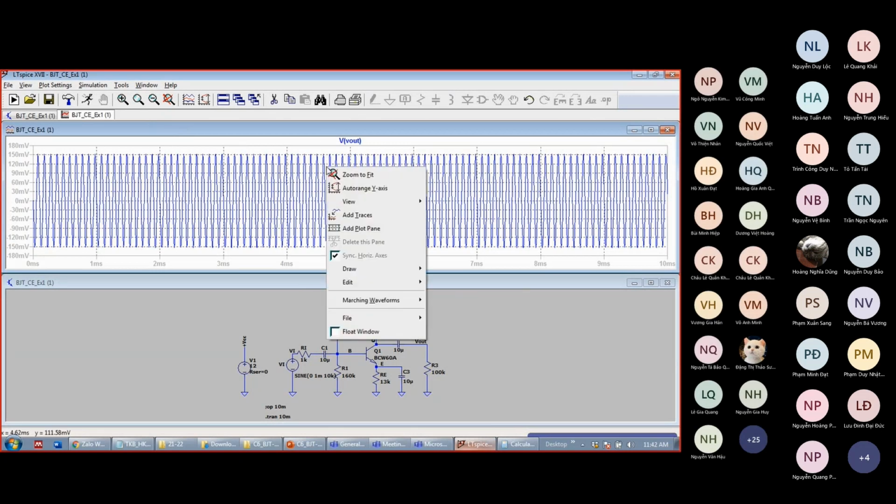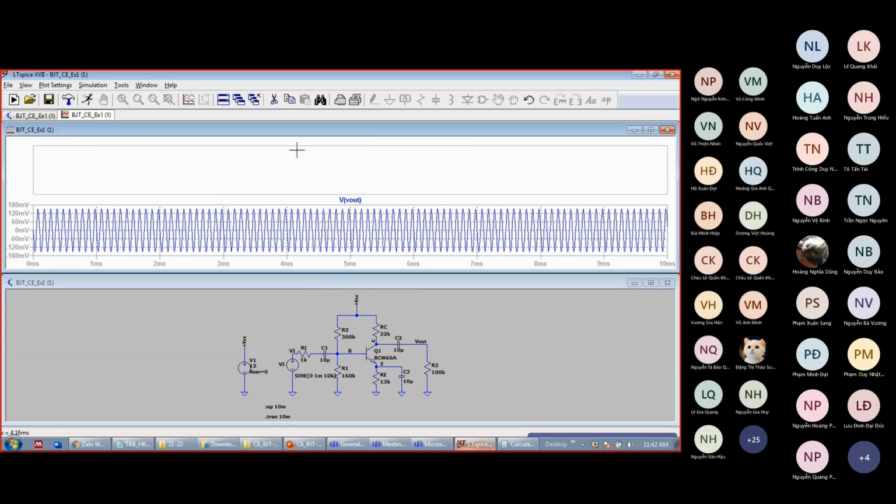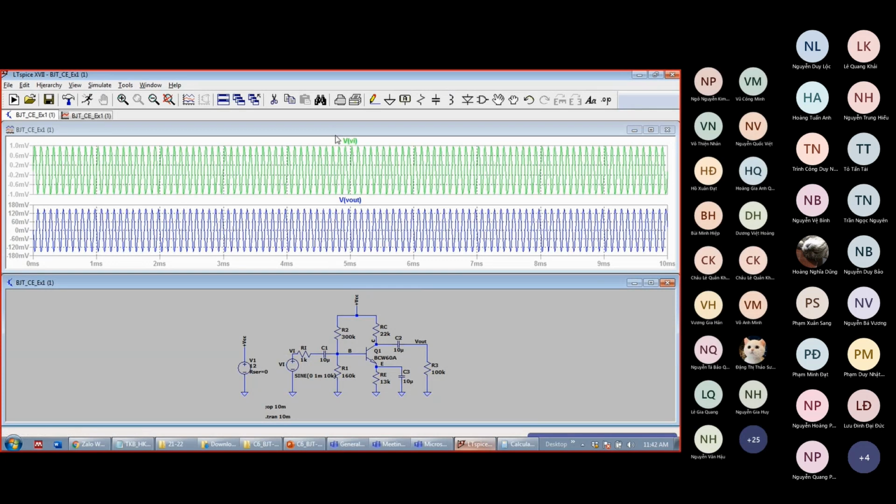I just right click here. I think you can add trace as plot pane. In this plot pane, you will display Vin. So you can see here Vin in its own scale from minus 1 millivolt to 1 millivolt, and Vout in its own scale from minus 180 millivolt to plus 180 millivolt.